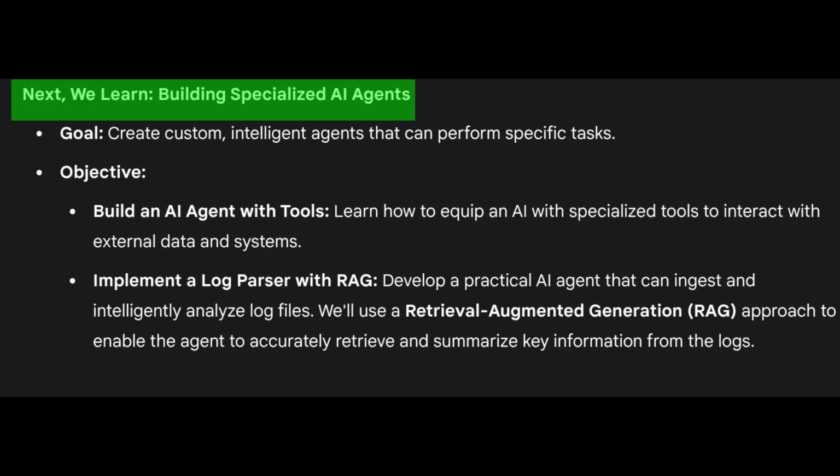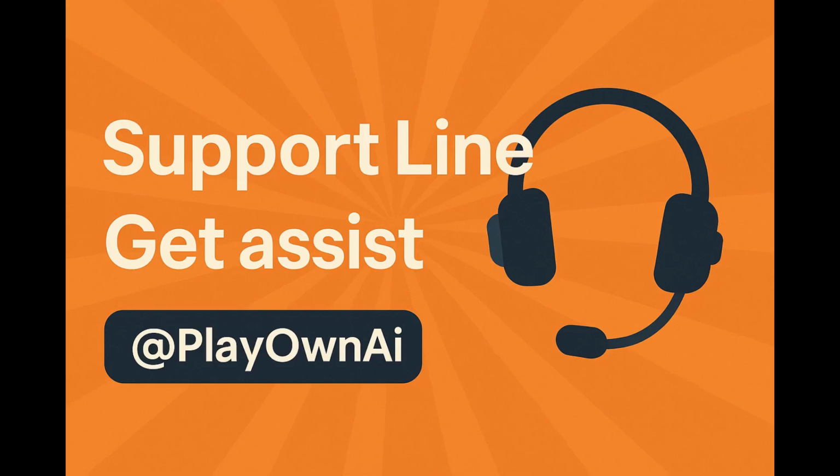Develop a practical AI agent that can ingest and intelligently analyze log files. We'll use a retrieval augmented generation (RAG) approach to enable the agent to accurately retrieve and summarize key information from the logs.